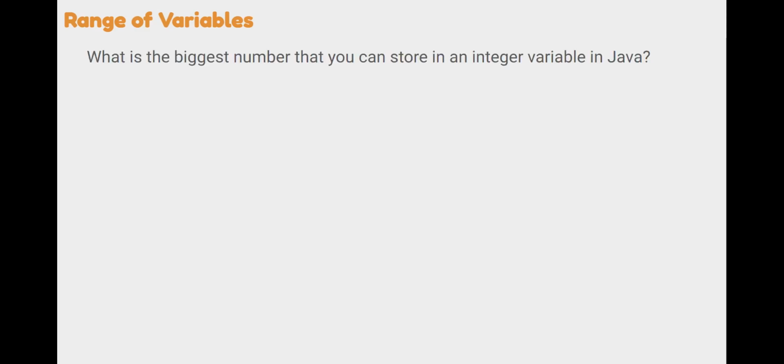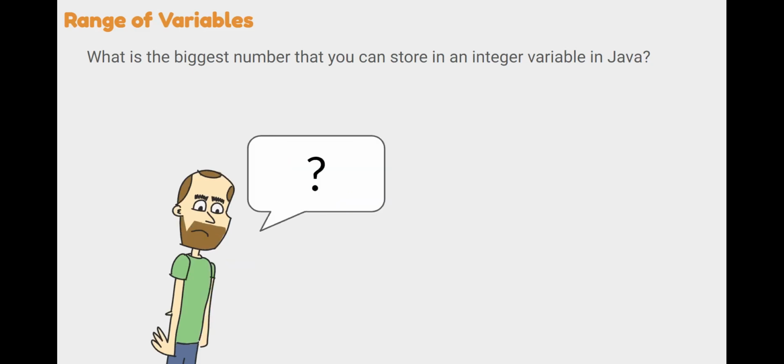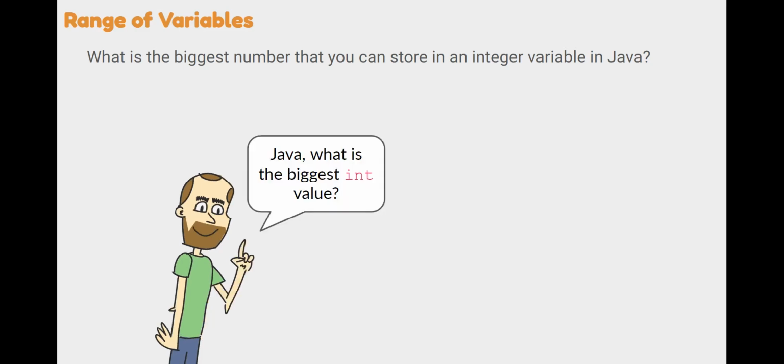So what is the biggest number that you can store in an integer variable in Java? Yep, I did mention that in lesson 1.2. It was 2 billion something. 2 billion what? You don't need to remember what the biggest number that Java can store in an integer value is, because Java remembers what is the biggest number it can store in an integer value.